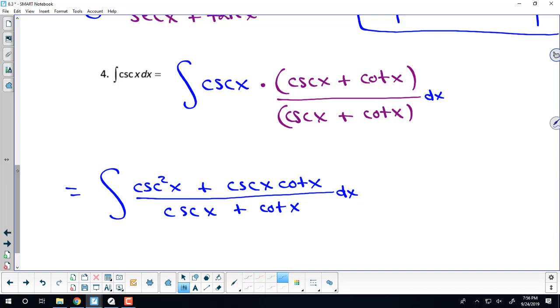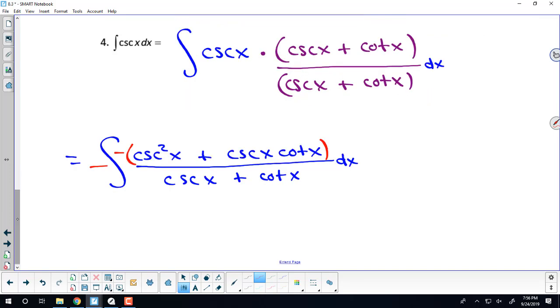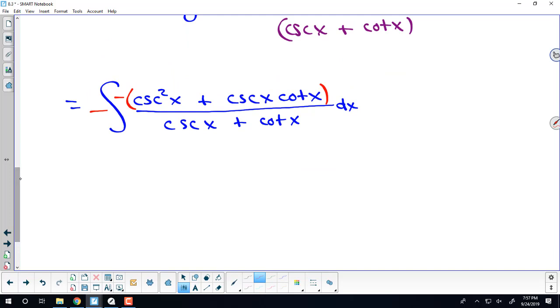Negative cosecant squared. So you see our numerator is off from the derivative of the denominator by a negative. So that's when we do this. Wouldn't it be nice if both of those were negative? If I'm going to make that negative, then I have to multiply by another negative. So now that is in logarithmic form. So that's negative natural log of the absolute value of cosecant plus cotangent.